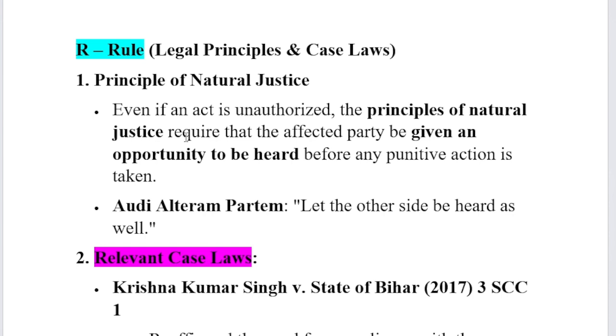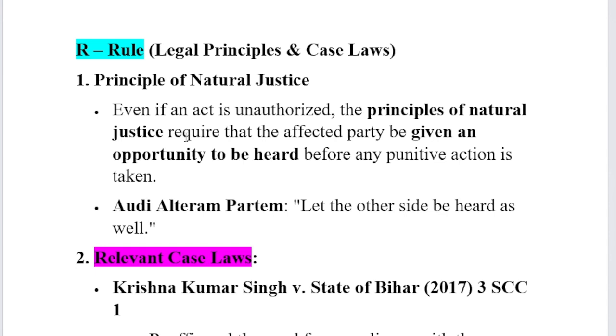Here, the principle of audi alteram partem is one of the main fundamental principles of natural justice. That means before passing any judgment, no man should be punished or condemned unheard. Here the municipal authorities have not given the person an opportunity; they punish him without hearing him. So this is against the principle of audi alteram partem.